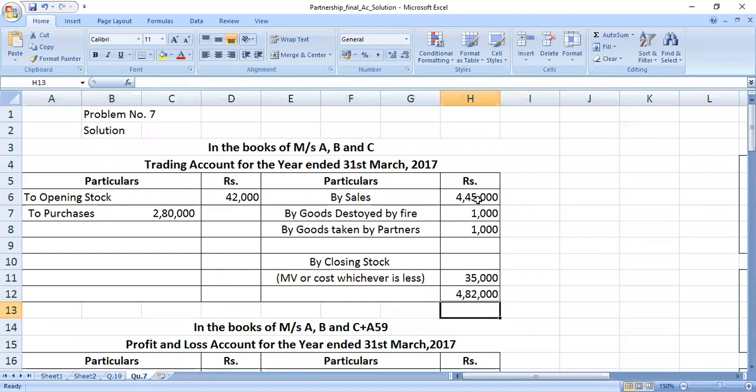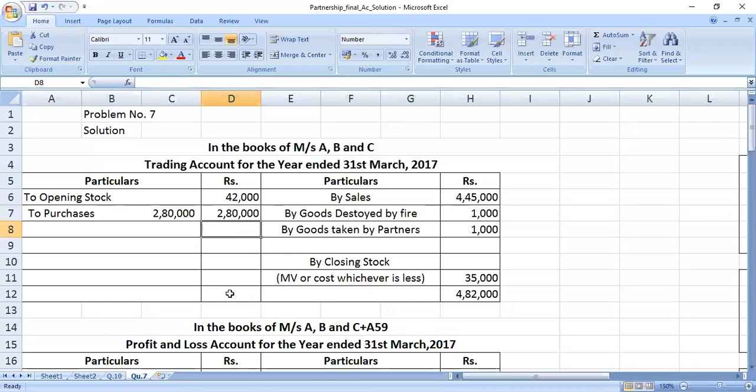It is 4,82,000. Now purchases, directly we have to put in the outer column, 2,80,000. There is no adjustment.